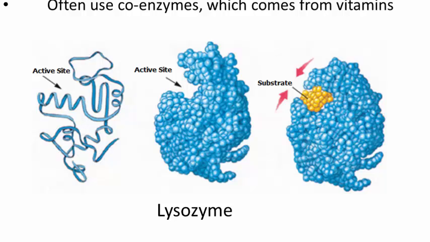So you can see it sort of looks like a glob if you draw everything. But what is pointed out is that in an enzyme there is what we call an active site. An active site into which something called a substrate will bind. And the substrate in the drawing to the right is drawn as yellow. So a substrate will bind into this active site.